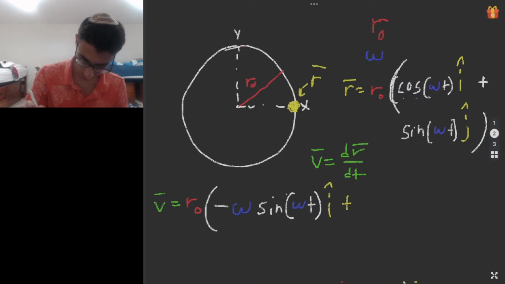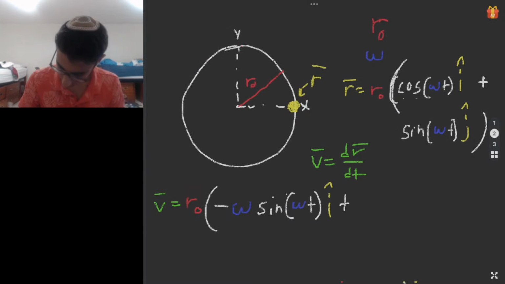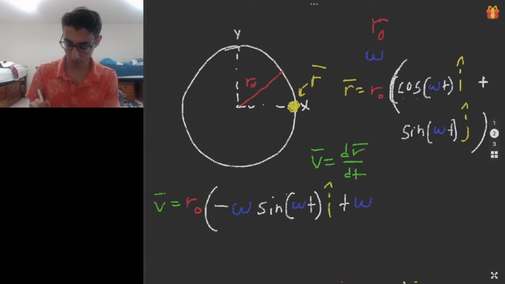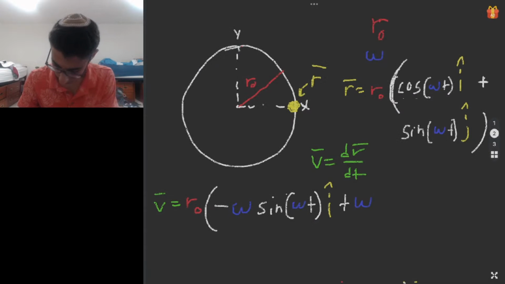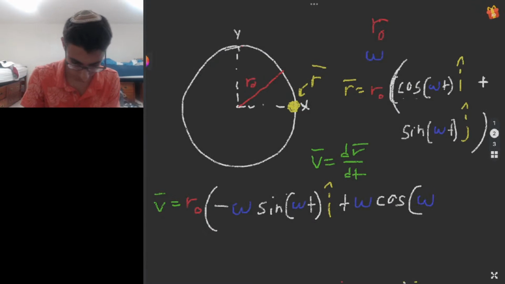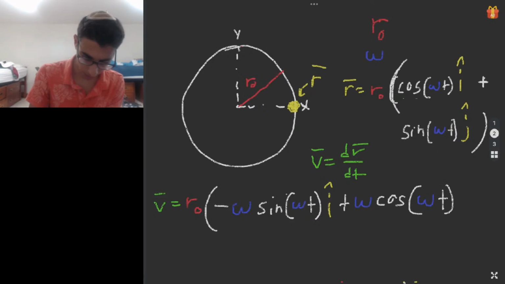oop, no, I don't want yellow, my bad, plus, and this will become omega, because it's going to come out again, but it's not going to be negative. It's still going to be positive, because the derivative of sine is just normal cosine. So omega cosine of omega t times j hat.